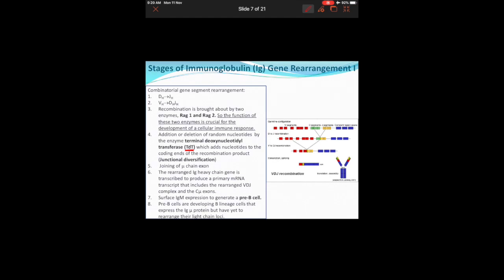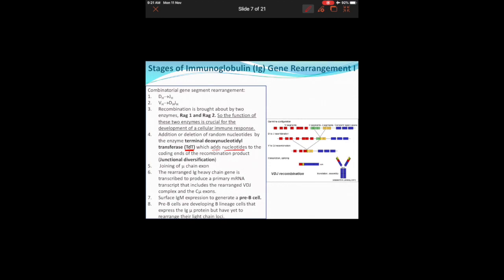So that when the VDJ rearrangements have occurred, this enzyme inserts nucleotides, randomly 1, 2, or 3 nucleotides, in between the D and the J region.